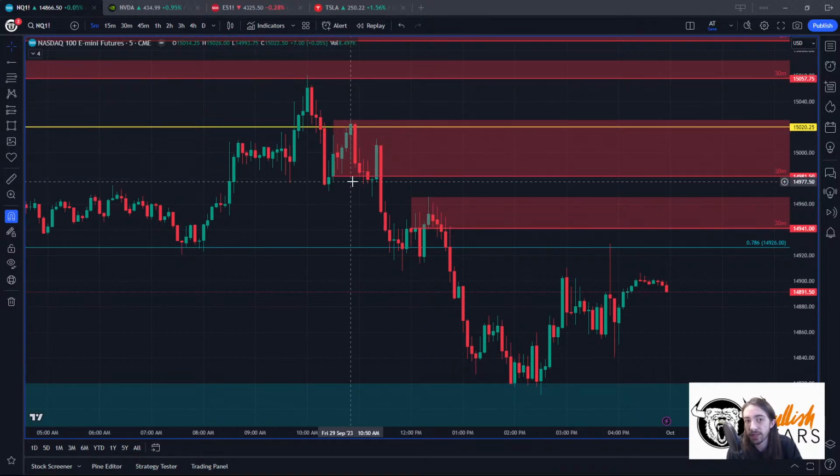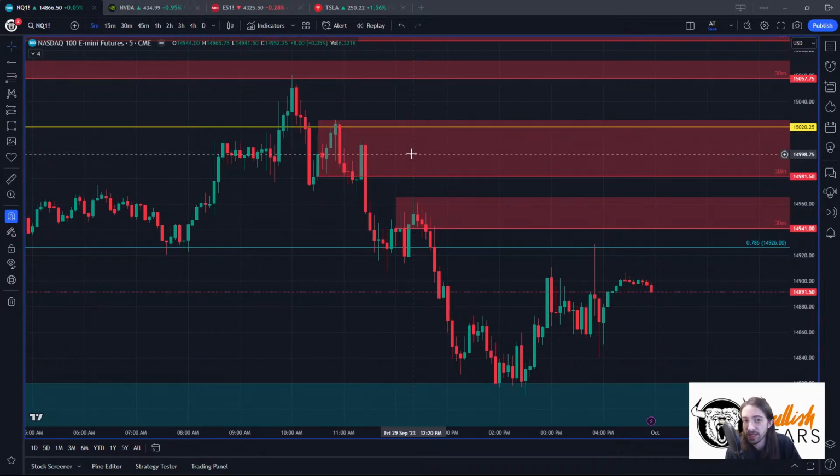So all these people that kept trying to buy in this zone now got trapped. All those people that are trapped are trying to exit their position. All the people that wanted to go short but didn't get filled because the market moved too fast on this drop, they have their sell orders still sitting there. And it's those orders that tell me there's a lot of liquidity here. There's going to be some type of reaction.